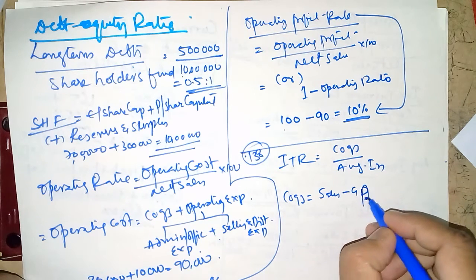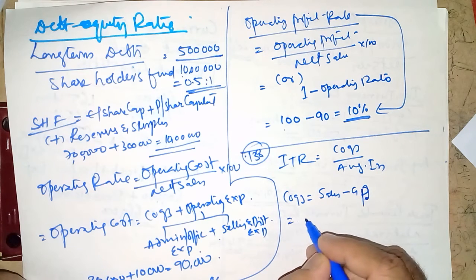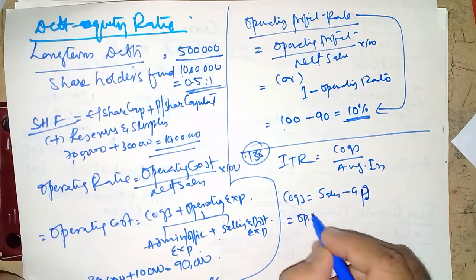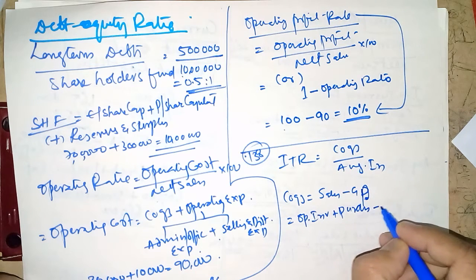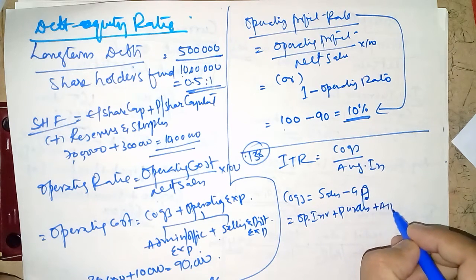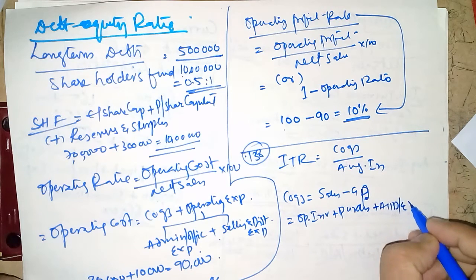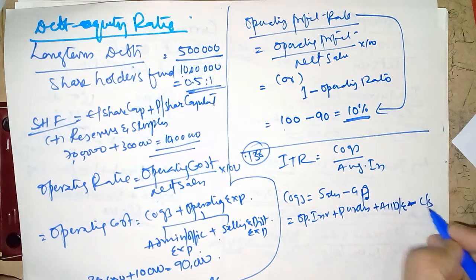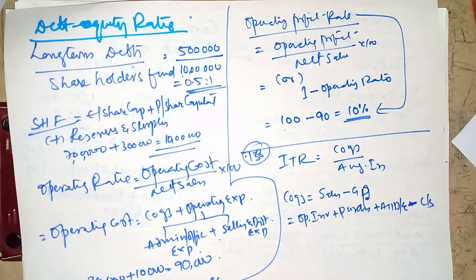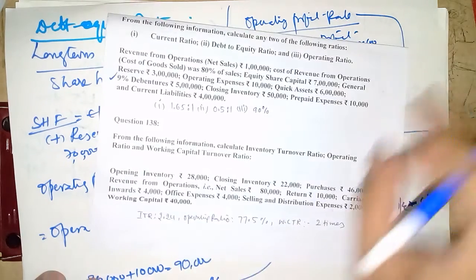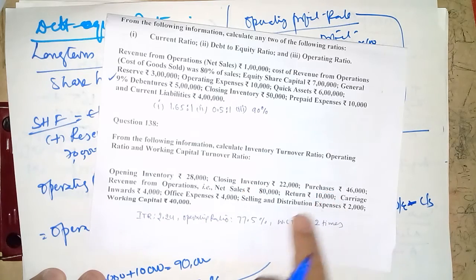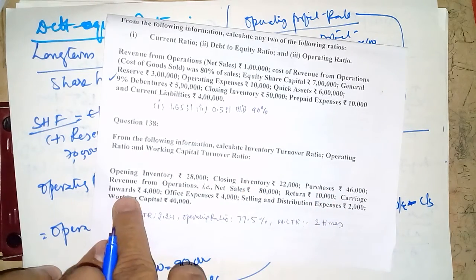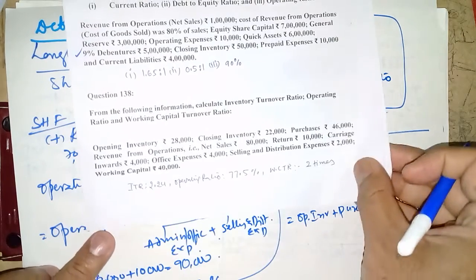Or another formula: opening inventory or opening stock plus purchases plus all direct expenses minus closing stock, right? In this question we can apply the second formula, that is opening stock plus purchases and direct expenses, which is carriage inward, minus closing stock.